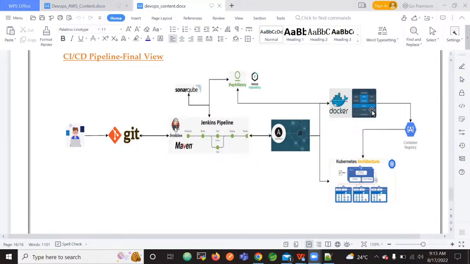IIB, yeah, exactly. The containers we will be using for IIB, and that IIB will be using Kubernetes. Exactly. So Kubernetes is the containerization platform which takes the images, and so it will get deployed.